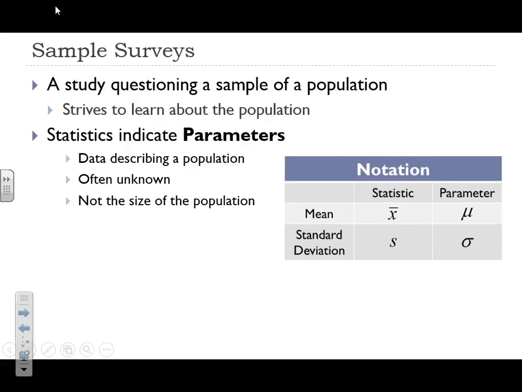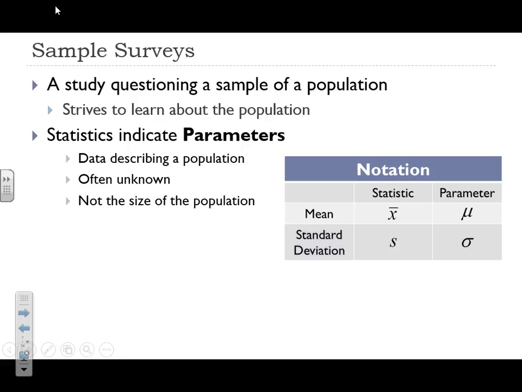So, another thing to note here, we're going to be starting to use notation for different calculations, maybe mean, maybe standard deviation, later on proportions, things like that. Whether a value is a statistic or a parameter will determine what notation that particular value gets.